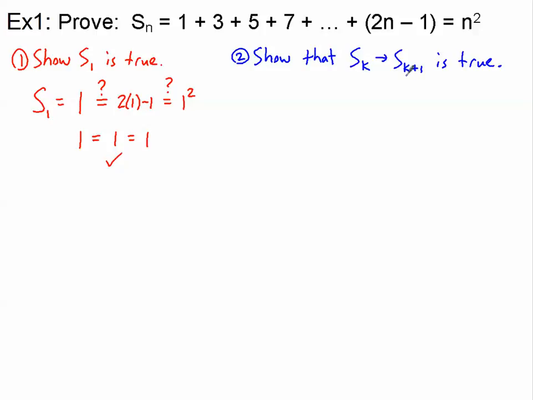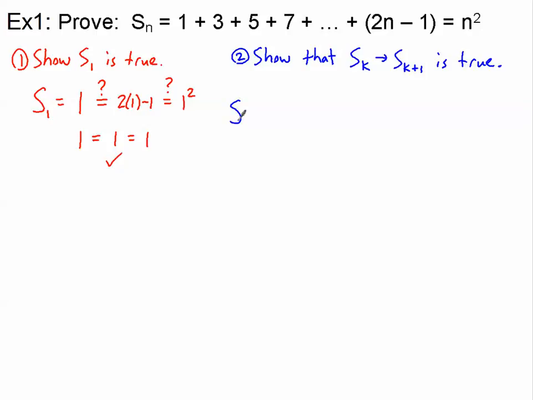Now this may seem weird that we're just changing the letters, but we have to change the letters. This formula is given to us using n's. You cannot use that letter in the proof of this formula. So that's why we have to change that letter.